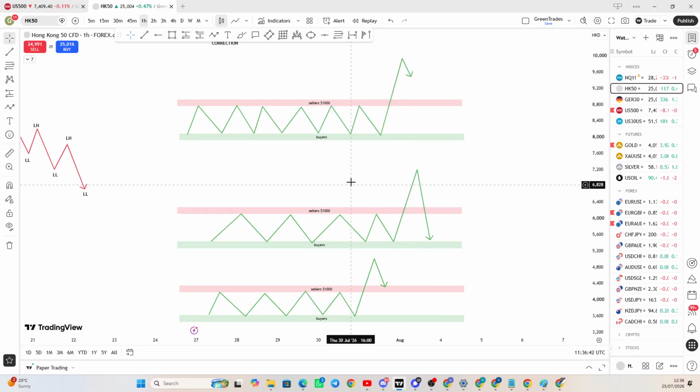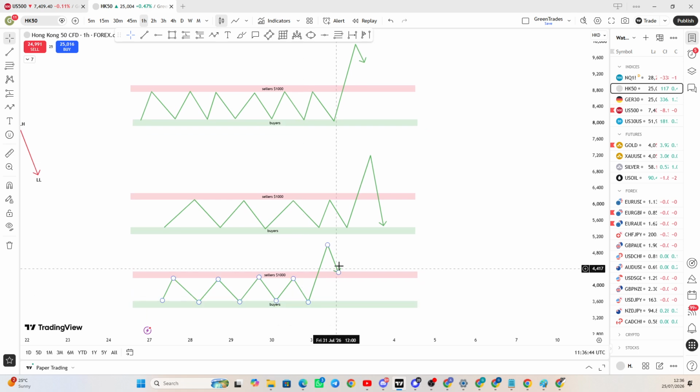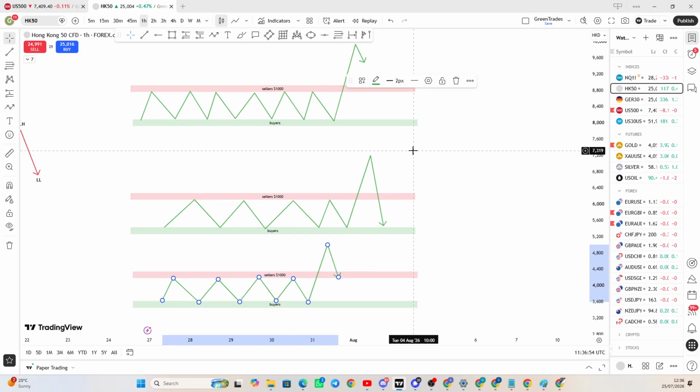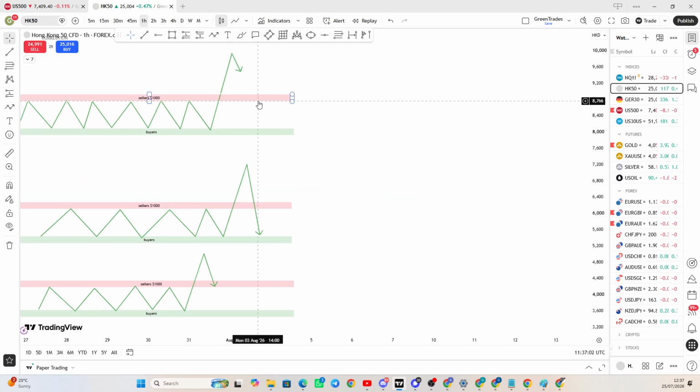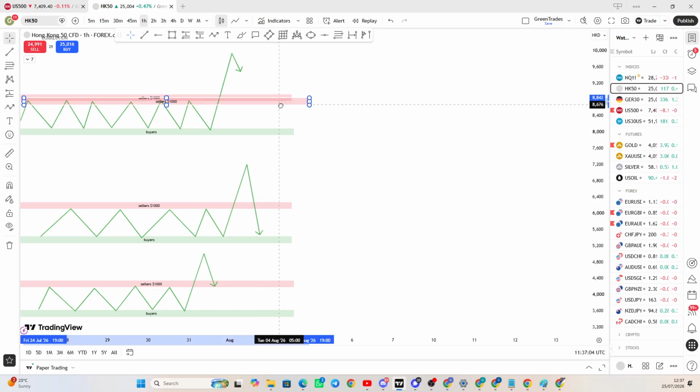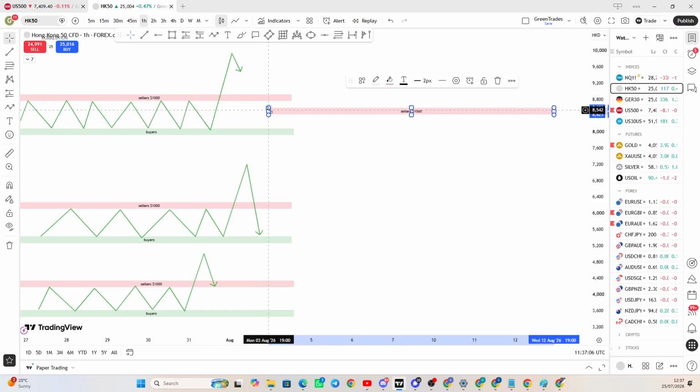There's another type of correction. This is also another form of correction where it comes to the level where the previous low was broken, and it begins to make its way up. So that's correction. This is a bullish indication of correction. Let's look at the bearish indication of correction. Let's see what it looks like for it to be bearish, because we've looked at the bullish part.